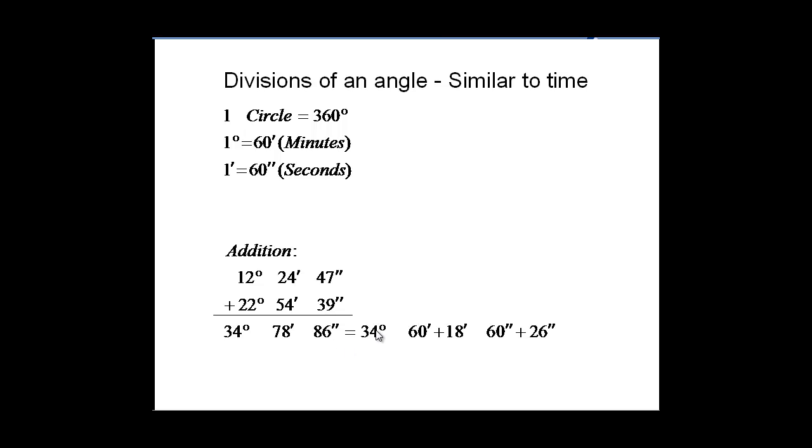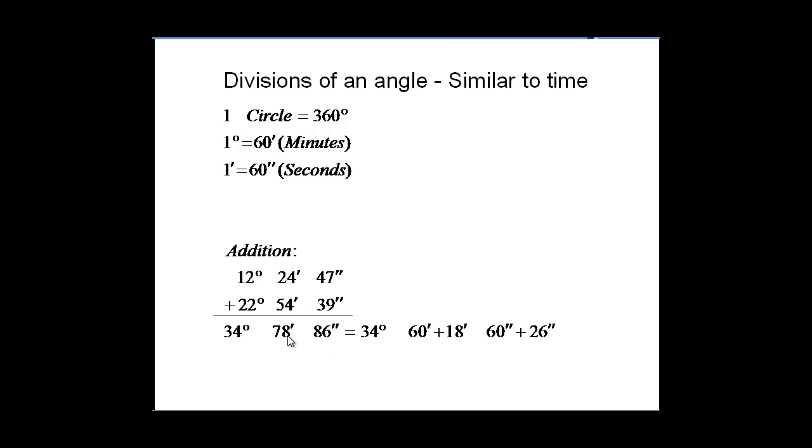So we have 34 degrees, and then 78 is 60 plus 18, and 86 is 60 plus 26. So you can take your 86 and add 1 minute and be left with 26 seconds.